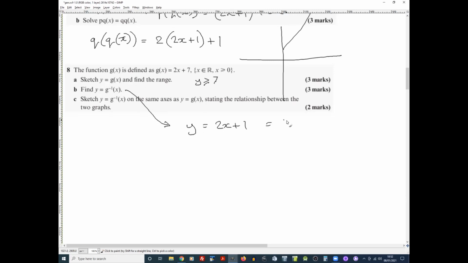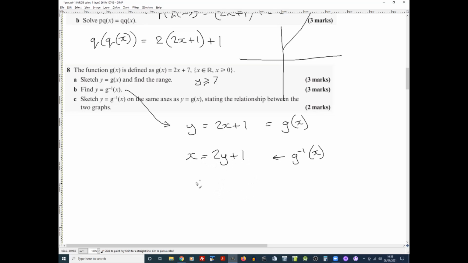We could clarify that as g of x. But if we want to think about reverse g of x, then we are basically reversing x and y, aren't we? So we ought to be able to write that, and that's the trick.